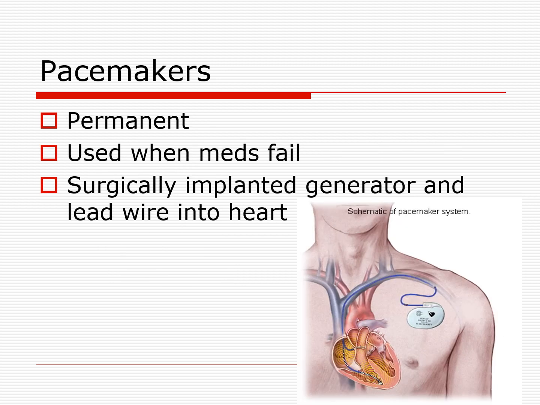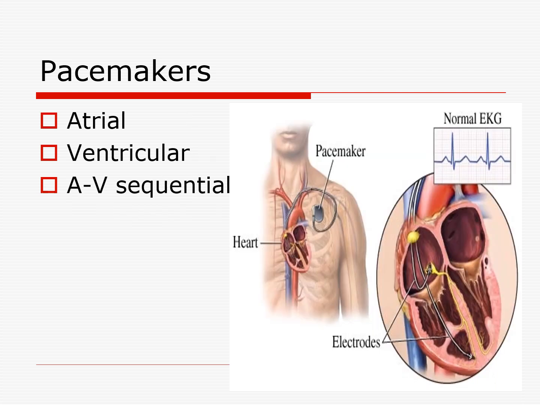Okay, so the other type of pacemaker would be a permanent pacemaker. This is usually an option when medications have failed. These are surgically implanted, the generator and the lead wire into the heart. You can generally see a paced rhythm because you will have pacer spikes.